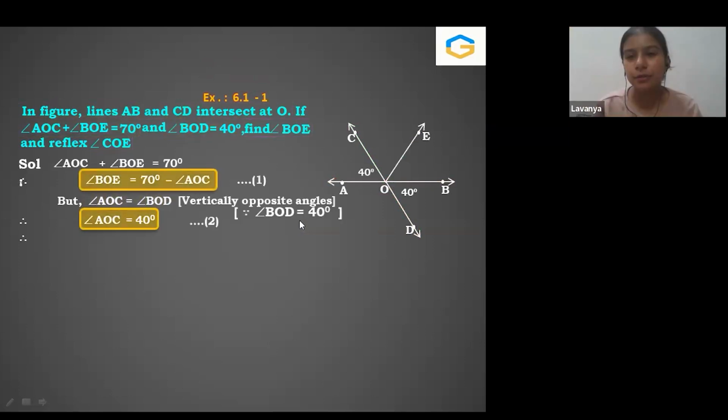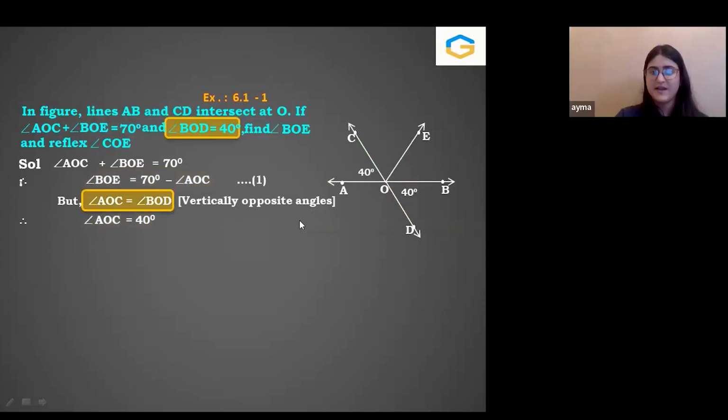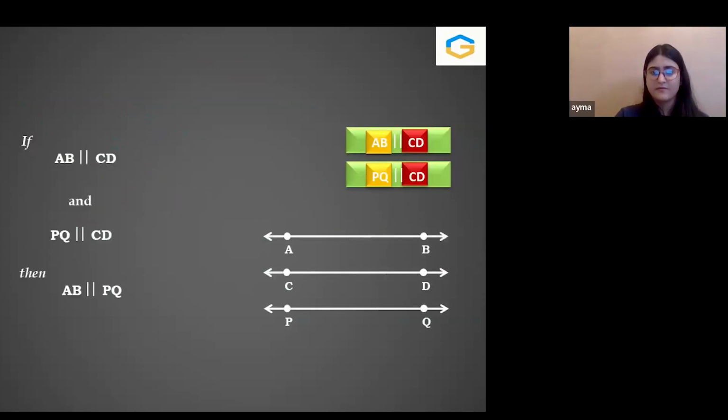Ma'am, can you move to previous slide? Previous slide. There you go.